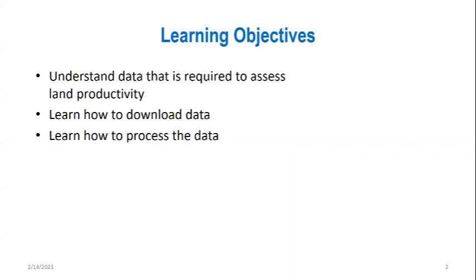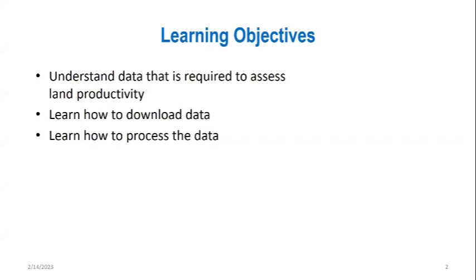You also look at many other parameters. For example, for this project, we were trying to assess land productivity for 10 countries. So you need to look for ways to download data for these 10 countries, and how to be consistent.